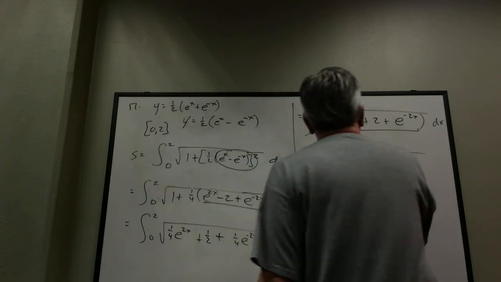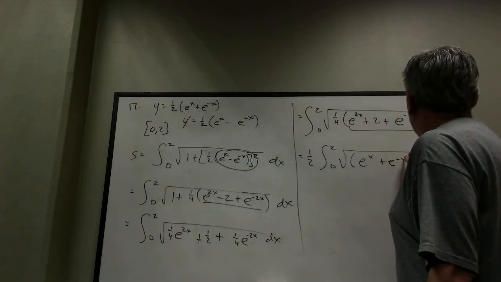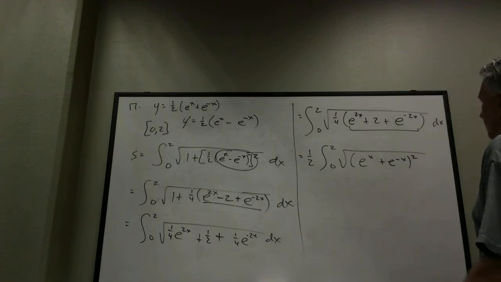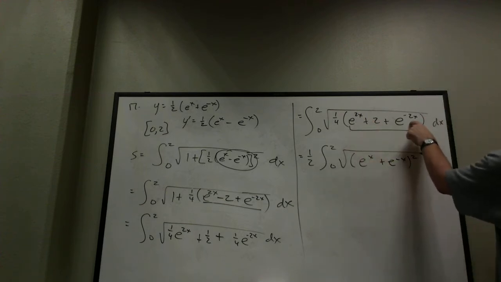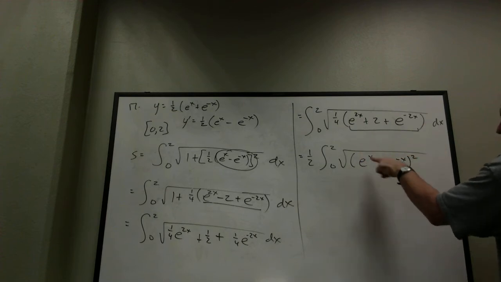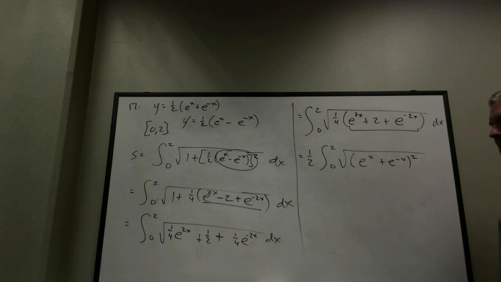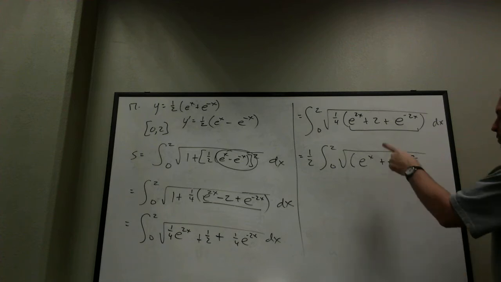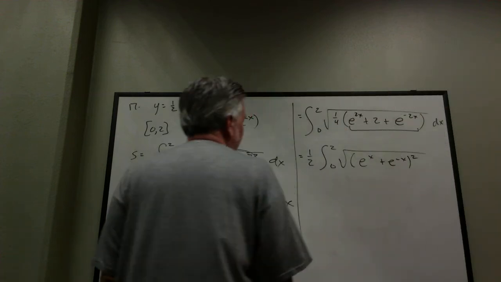And it does. Notice this is e to the x plus e to the minus x squared. Right? Because e to the x squared is e to the 2x, e to the minus x squared is e to the minus 2x. And when you do the foiling with the outside and the inside, you'll get e to the minus x times e to the x. That's 1, and then you do the outside and the inside, you get a 1 plus 1 is a 2.